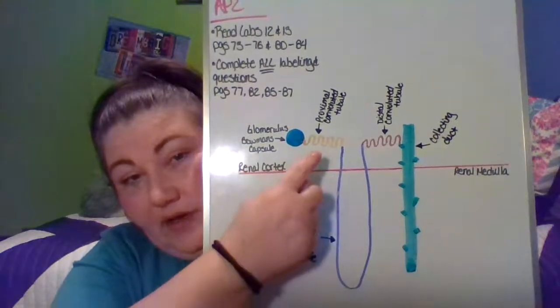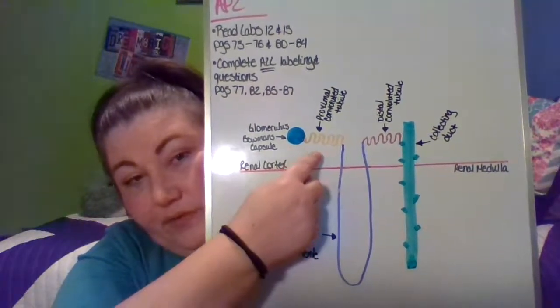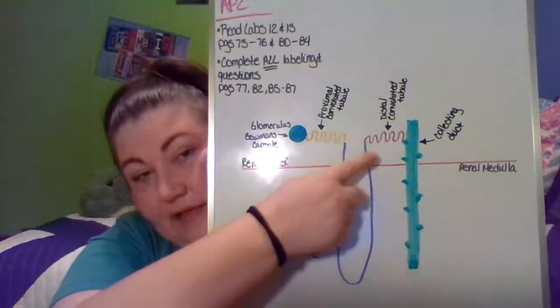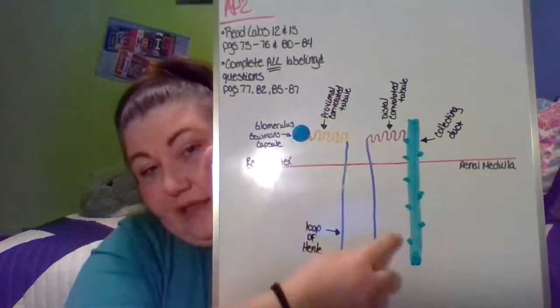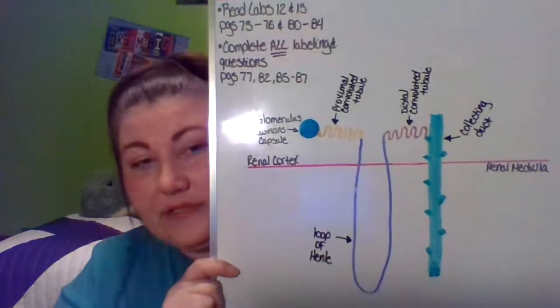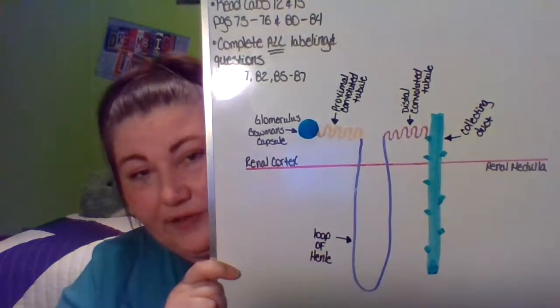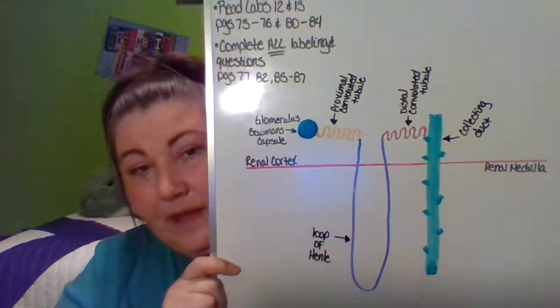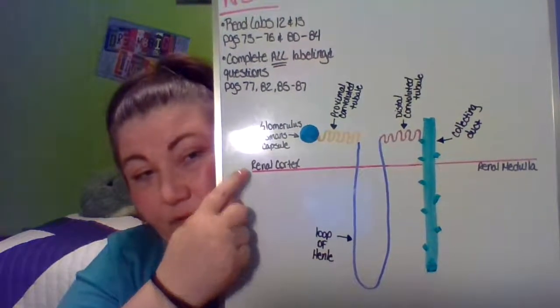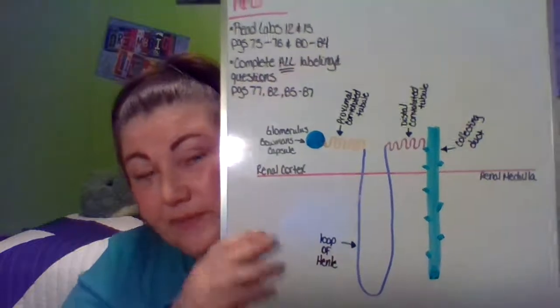Then coming off of it, you have the proximal convoluted tubule. Then that goes down into the loop of Henle, and then into the distal convoluted tubule and the collecting duct. This will be in your notes, though it's going to look a little different. And right where this line is drawn, you have the renal cortex, and below it is the renal medulla.